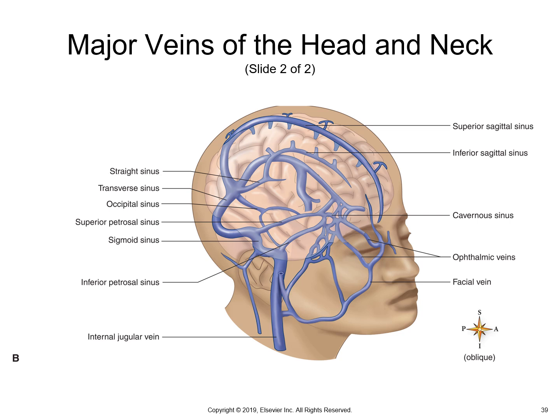Instead, they drain into large channels called dural venous sinuses, which collect blood from the veins and direct it toward the internal jugular vein. This image is showing a lateral, I'll say superior, view of those major veins and sinuses of the brain.